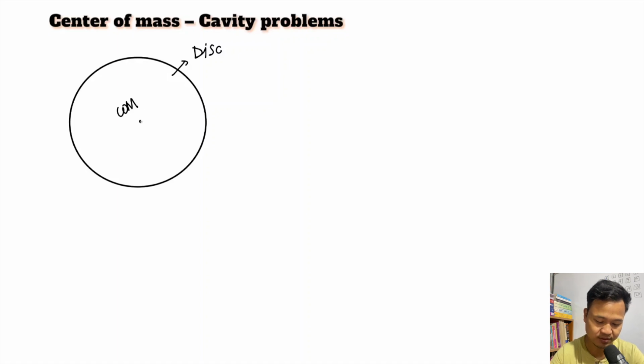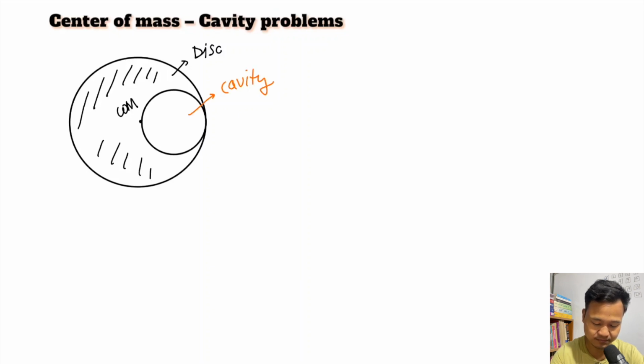Now suppose I remove a circular part, a cavity, here. So this part is removed. Will the center of mass still be here? Now the center of mass will shift slightly towards this side, somewhere around here.